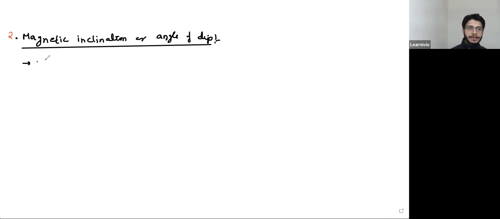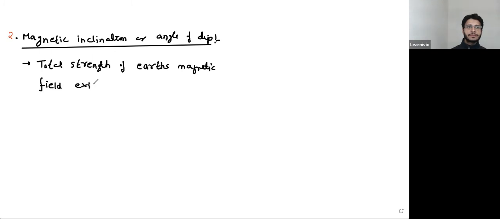I'm writing it again. Total strength of Earth's magnetic field exists in the magnetic meridian.